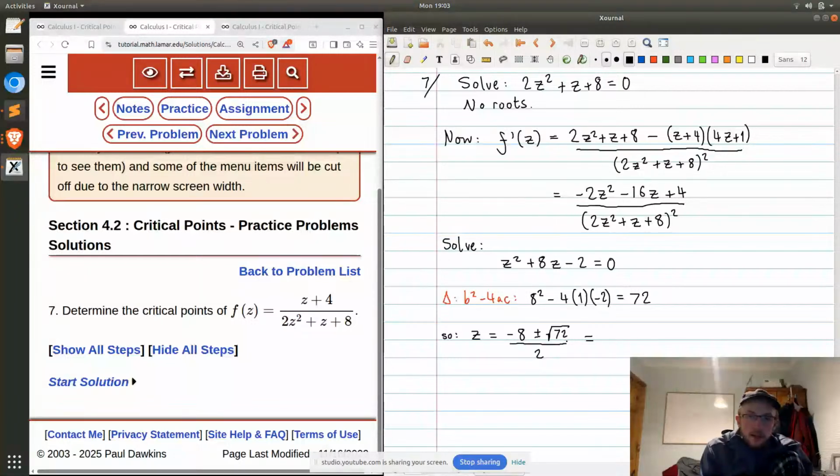Oh, no, it's just 36. So it's minus 8 plus or minus 6 root 2 all over 2, which is minus 4 plus or minus 3 root 2. And there you go.